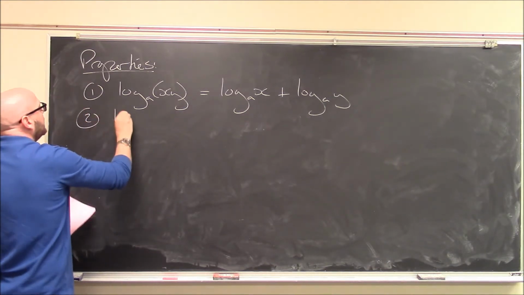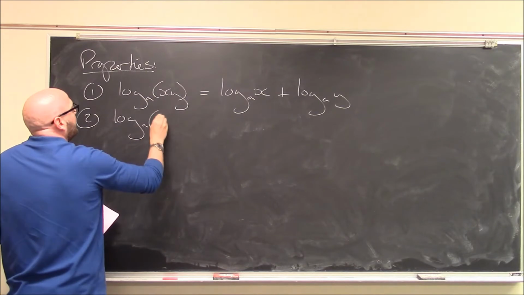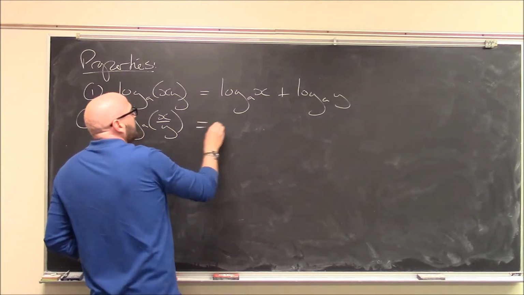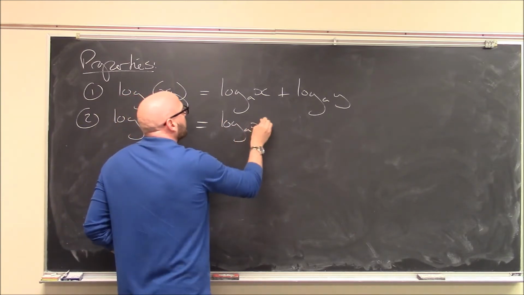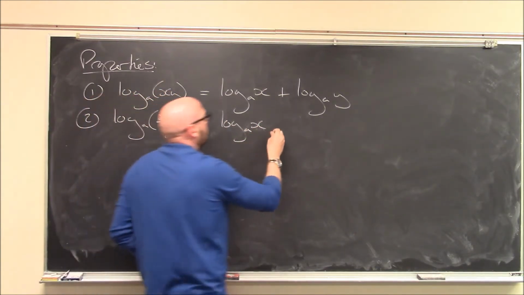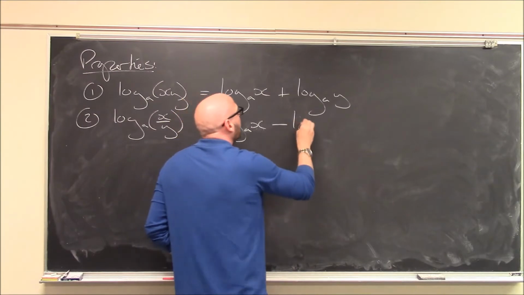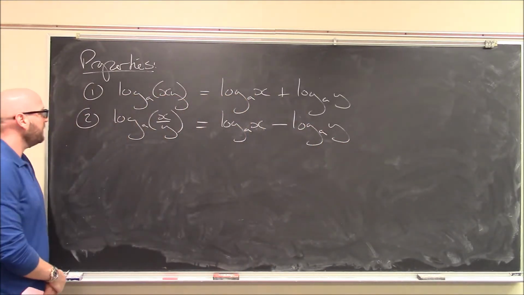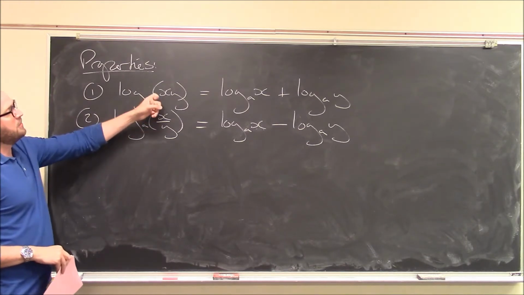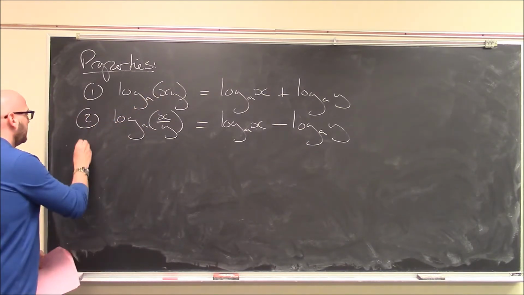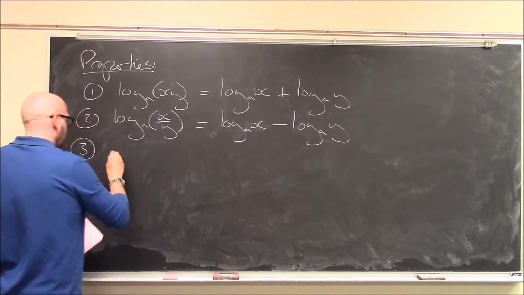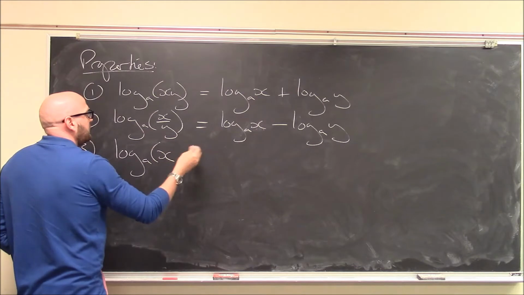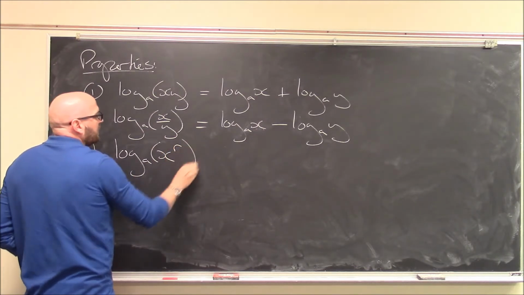And similarly, logs of quotients, x over y, can be written as a difference of logs. The numerator is the positive term, log to the base a of x, minus the denominator, log to the base a of y. This property actually follows immediately from the previous one if I combine it with property 3, which is log to the base a of x to the r.